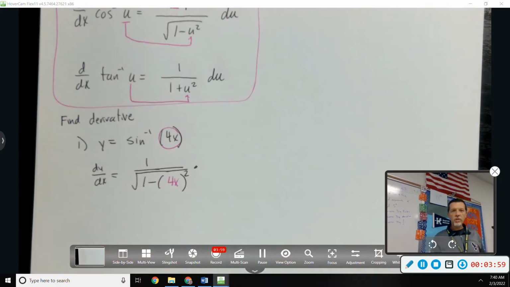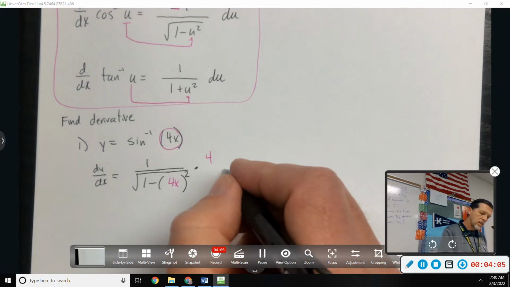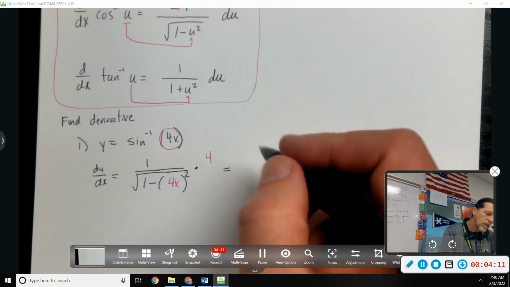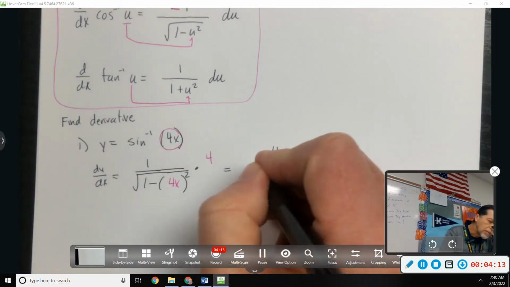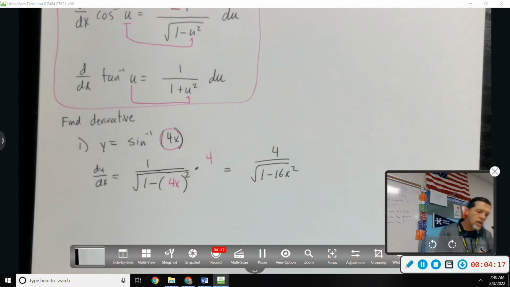And then the chain rule, the derivative of 4x is 4. And that's a safe stop, so you could leave it like that if you wanted to. Multiple choice, we'd clean it up a little bit. Just make sure you square the 4 and the x there.